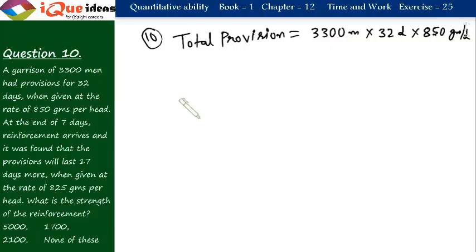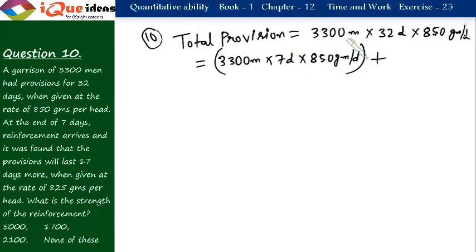The way we had hours per day, now we have grams per day, right? Now, after 7 days, at the end of 7 days, reinforcement arrives, right? So it was found that the provision will last for 17 days more. Now break it. The same total provision can also be written as first for 3,300 men into 7 days into 850 grams per day.